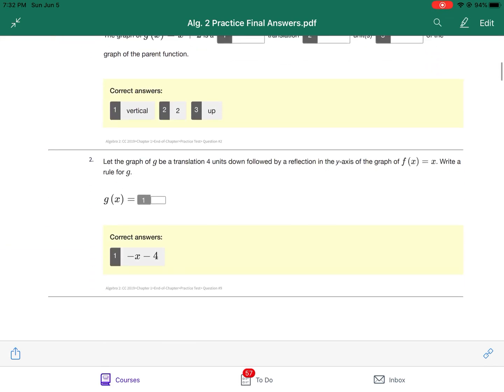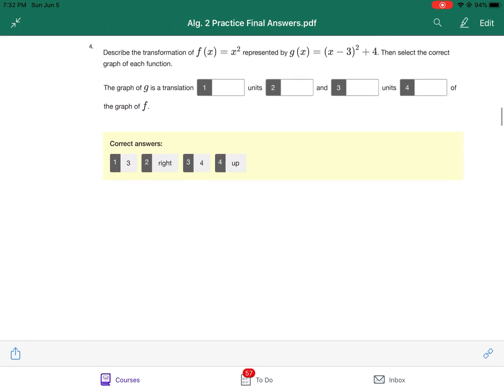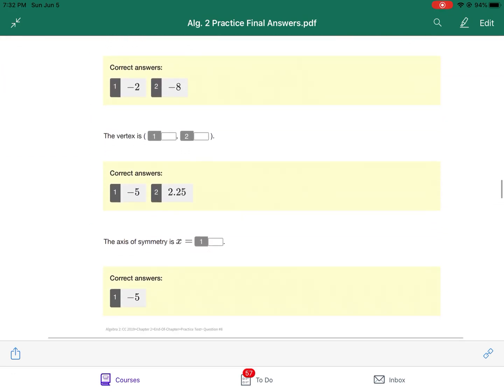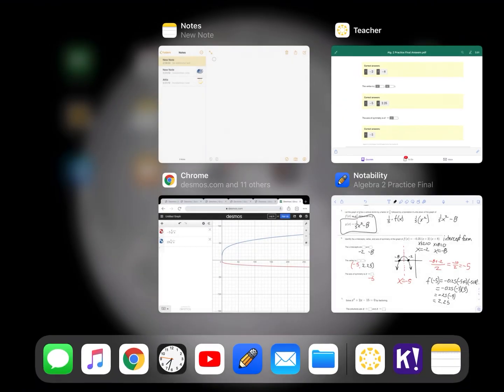If it will load. Okay. 2.25. Okay, we are good.